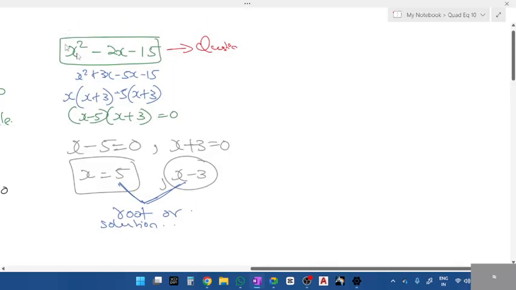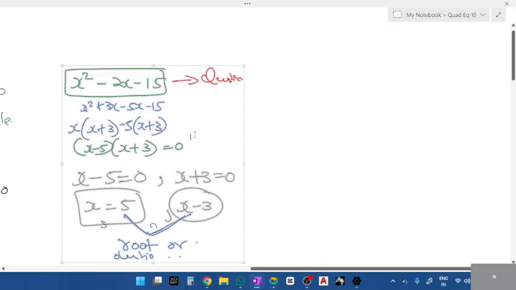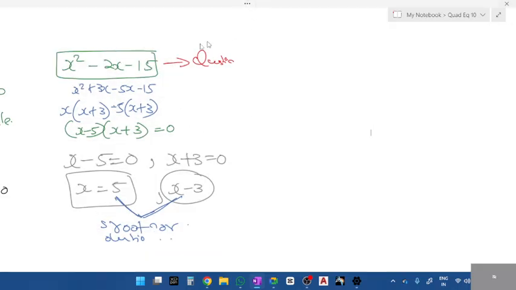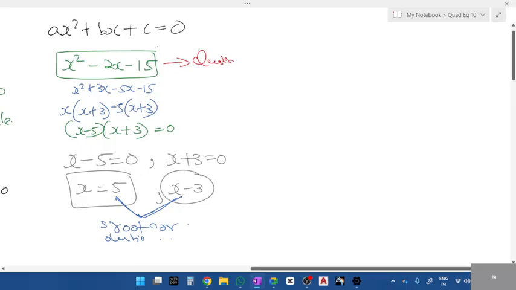Yes, it is a quadratic equation where the degree is 2, and it should be in the form of ax square plus bx plus c is equal to 0. Compare this with the equation. What is the value of a, students? a is equal to 1.